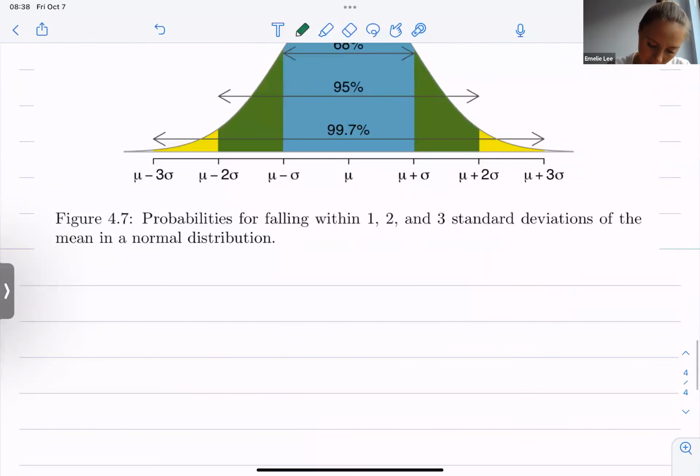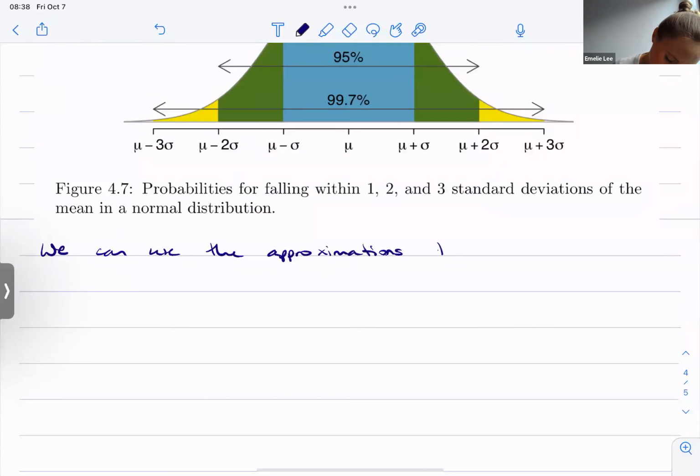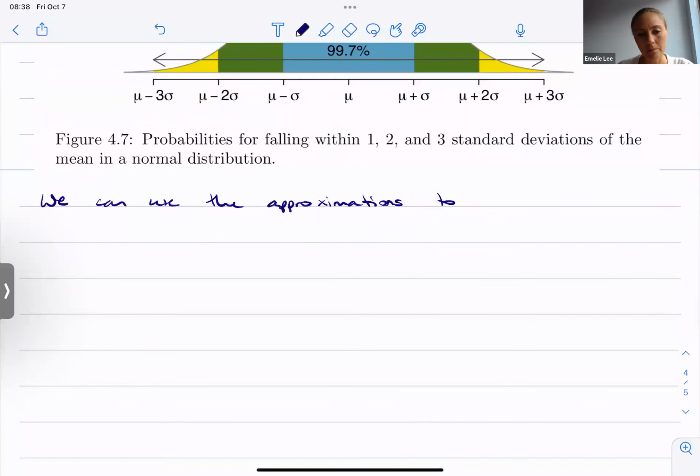So for example, we can use the approximations to find approximate probabilities in the tails.